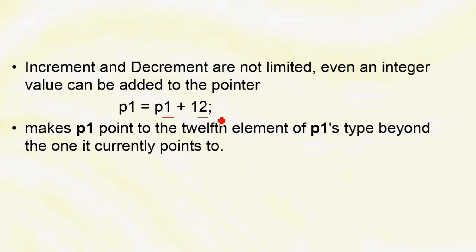What is the meaning of this? Suppose the pointer P1 contains the location 2000. Plus 12 here, for an integer pointer where integer size is 2 bytes, means we multiply 12 by 2, which is 24. So the result is 2024, and the value of this pointer will now be 2024.